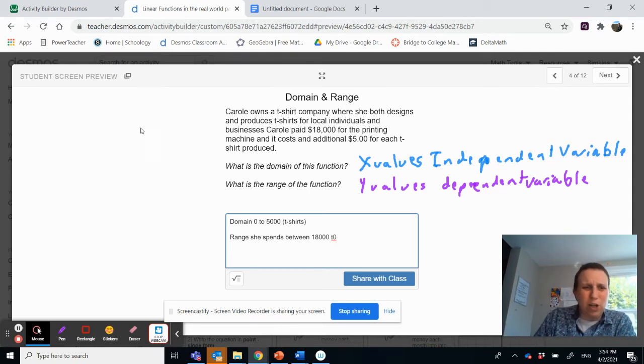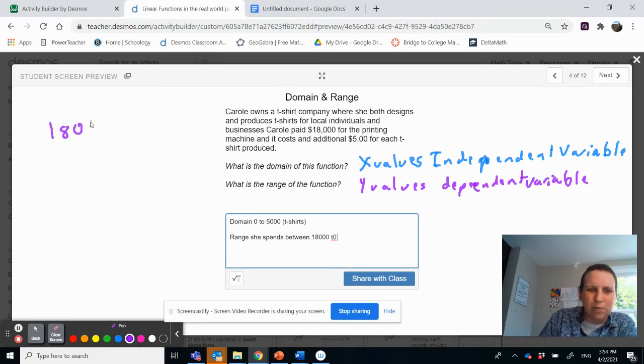For figuring out the top part of the range, I'm going to go back to my equation and think about, okay, well, I know she's going to spend at least 18,000. And then it's plus 5 times the number of t-shirts. If the maximum number of t-shirts she can print is 5,000, it would be 18,000 plus 5 times 5,000. So that's 25,000.